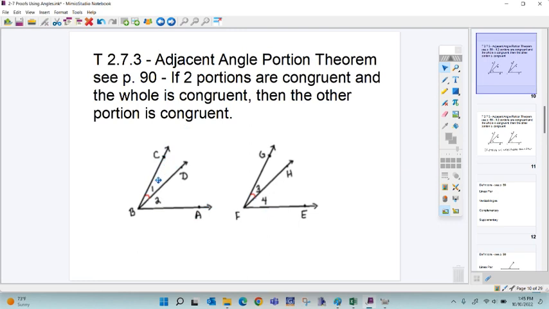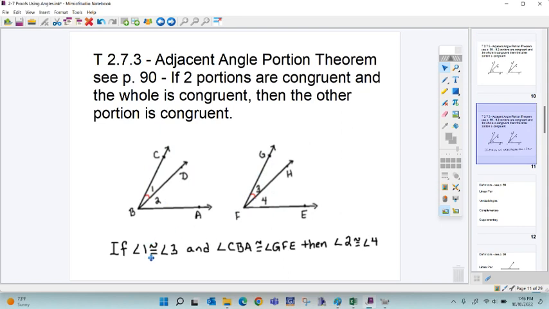So here we have the beginning part the same. If angle 1 is congruent to angle 3, but instead of knowing that 2 is congruent to 4, we would say if we know that 1 is congruent to 3 and this big angle is congruent to this big angle, then that's going to automatically tell me that angle 2 is congruent to angle 4. So same idea, just starting with a little bit different given information.